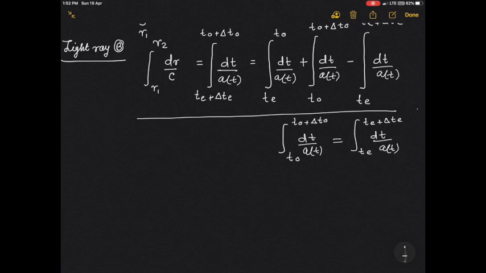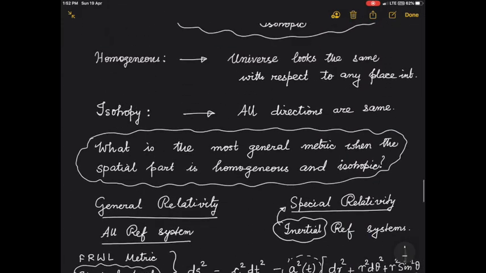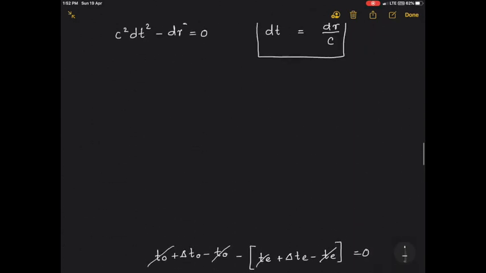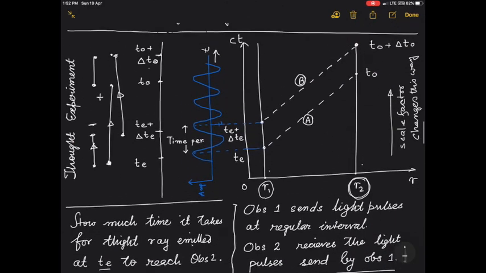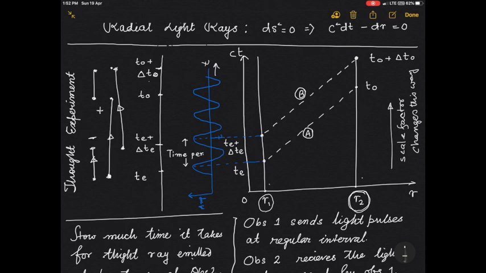Now, as I said, the scale factor doesn't change very fast, so by the time you send the second emission, the second peak of the electromagnetic wave, it hardly changes. Let me go back to that picture once more because it will be handy. In this picture, this is where I have one of the maxima of the electromagnetic wave, and this is the other maxima.